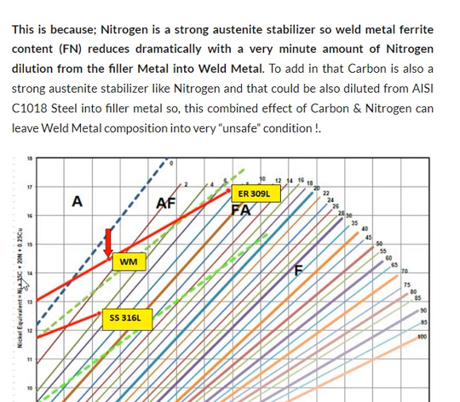So they have a huge role to play in stabilizing the austenite phase. Carbon and nitrogen perhaps have a combined effect that lands the weld metal composition in a very unsafe condition, prone to solidification cracking.